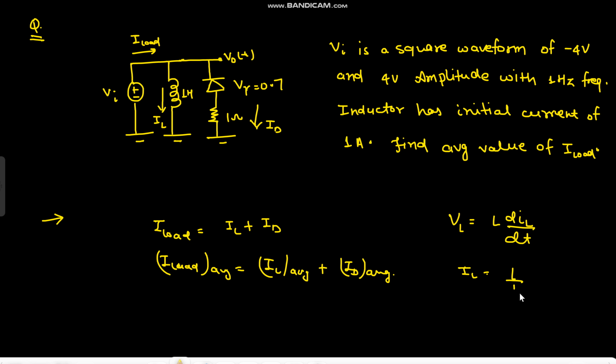IL would be 1 by L integration VL into dt from minus infinity to t. So if VL is constant, it would be VL into t by L. So it would increase linearly. In this case as well, the input is -4 to +4 amplitude, so the current would increase linearly.